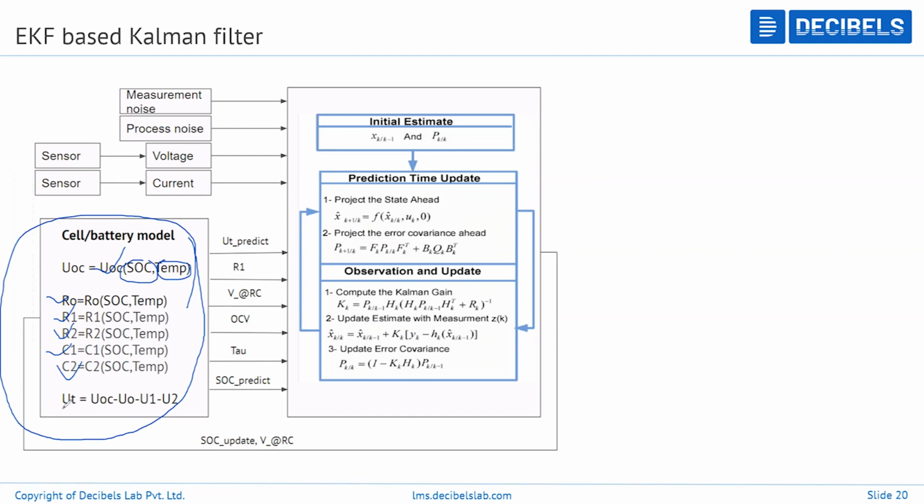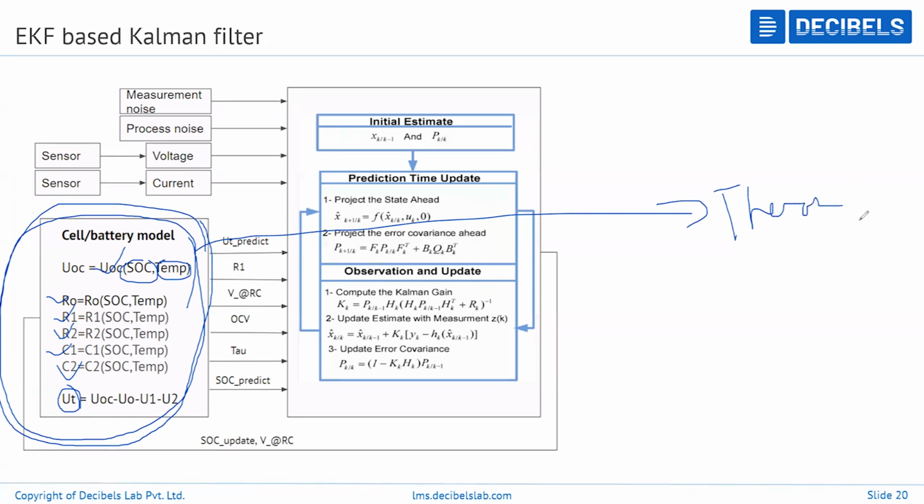With that, you will estimate the terminal voltage. So on one end, you will be estimating the terminal voltage of your battery or cell through a theoretical method, that is with the help of the cell model, the digital twin.